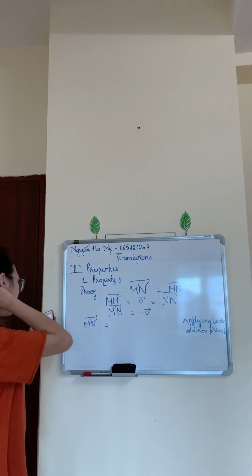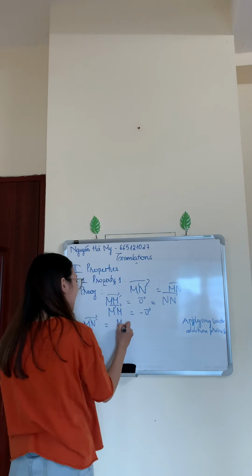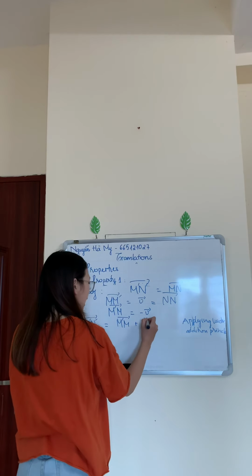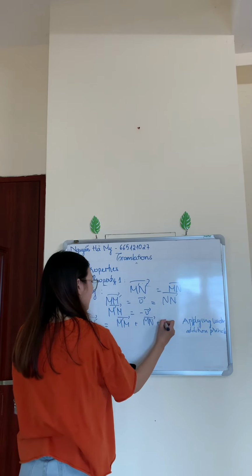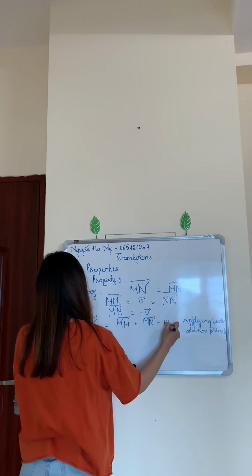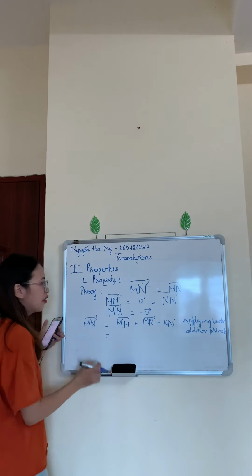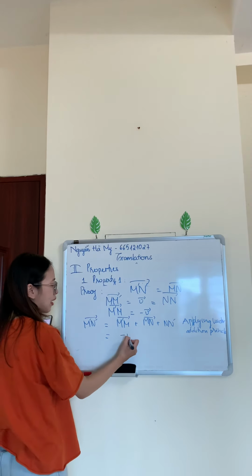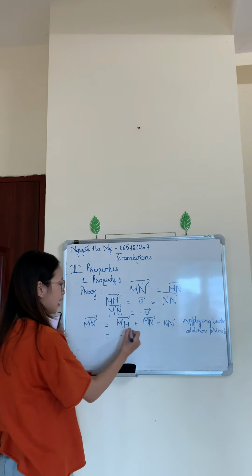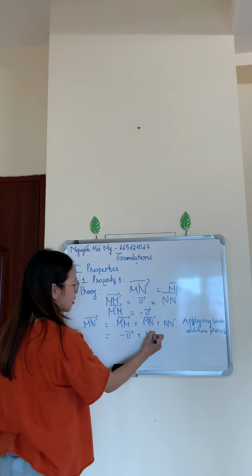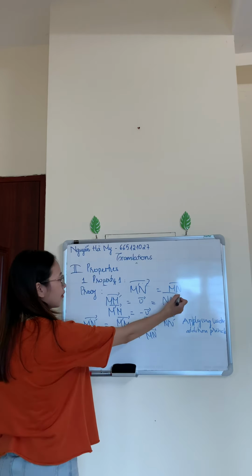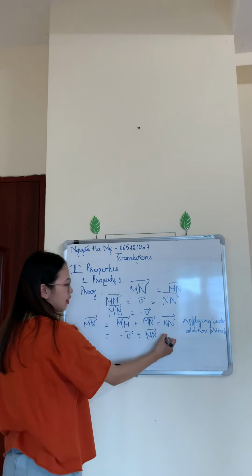From this, we have vector M prime M equals minus v, and vector NN prime equals vector v.